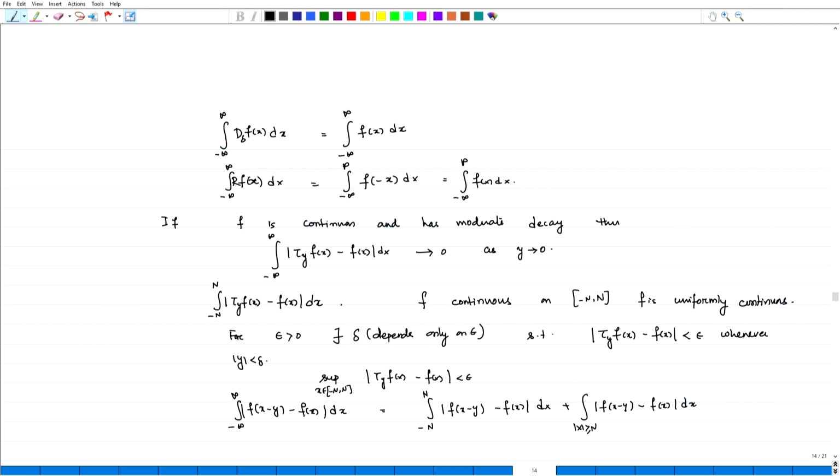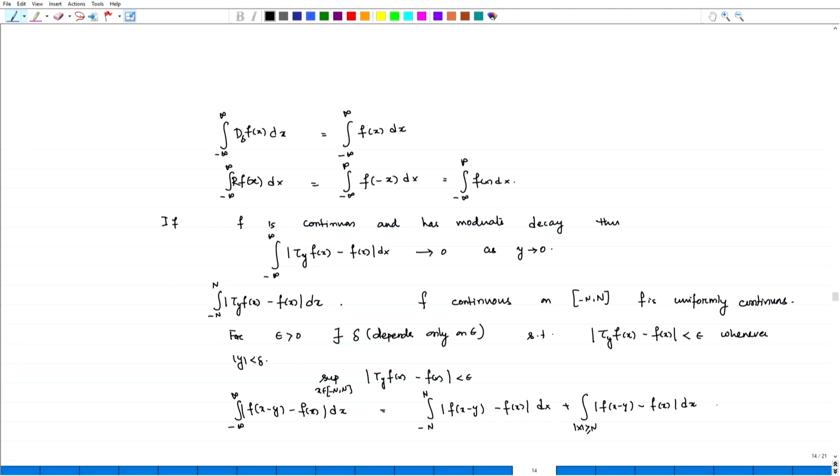Now, as we have seen, if f is integrable, τ_y f is also integrable. Therefore, because I_n converges, the tail is going to be small. I can find an n such that the integral over |x| greater than n is less than epsilon. So, this part is less than epsilon.